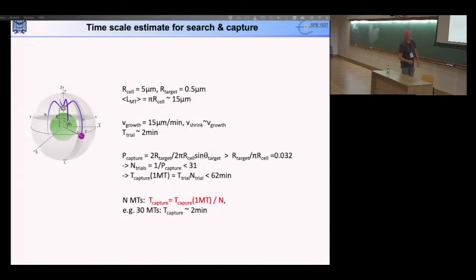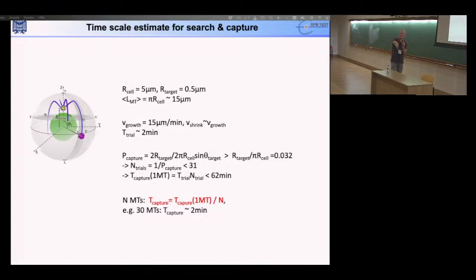With that information, the radius of the cell and the size of the target, essentially pi times the radius, that is this path here, the maximum path, and the target size, typically a micrometer or 2 micrometers, and the growth velocity, it gives you an estimate for one trial time.